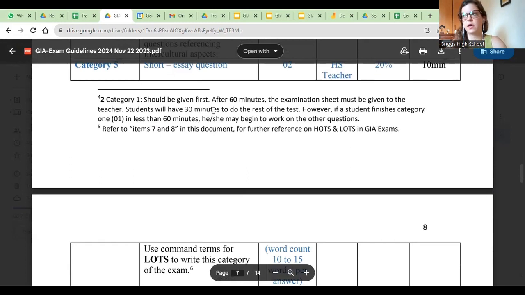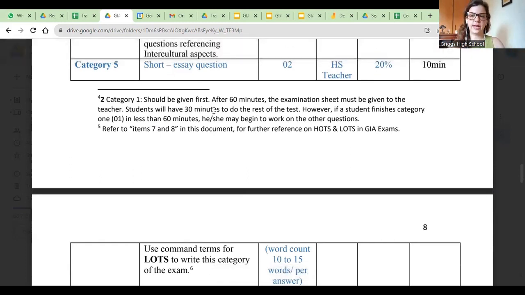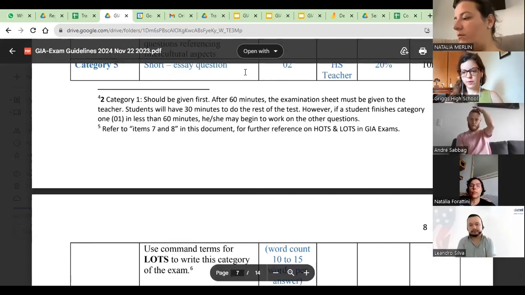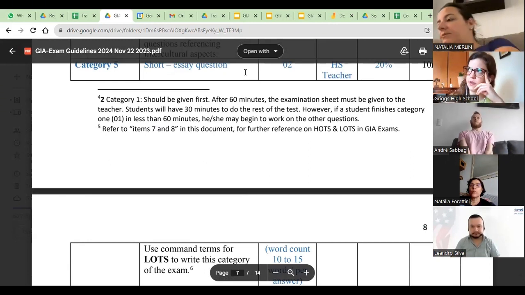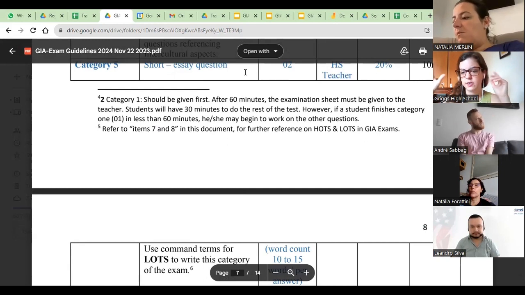So you will give them the essay questions and 1 hour to complete it. When they finish, you will give the other questions. If a student finishes before 1 hour, they don't need to be sitting looking at nowhere waiting.